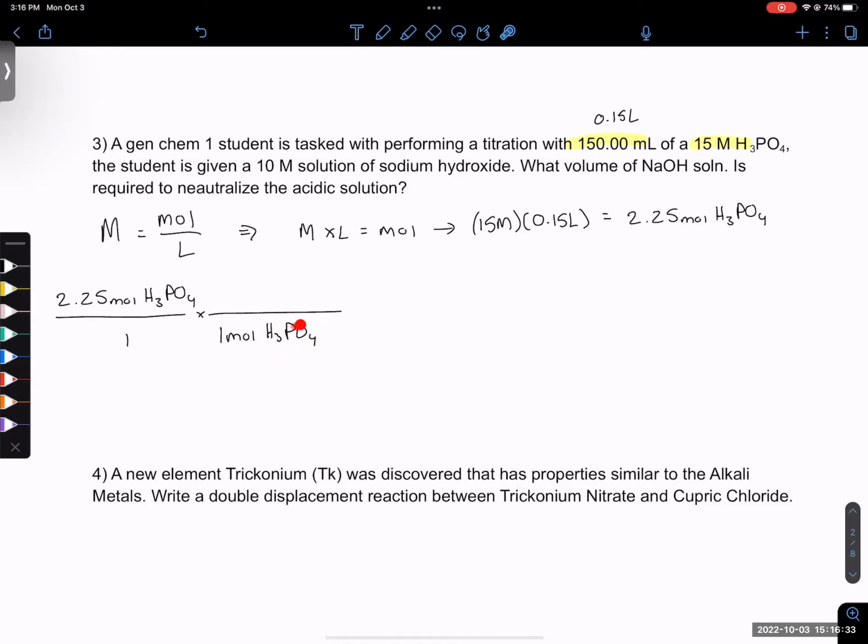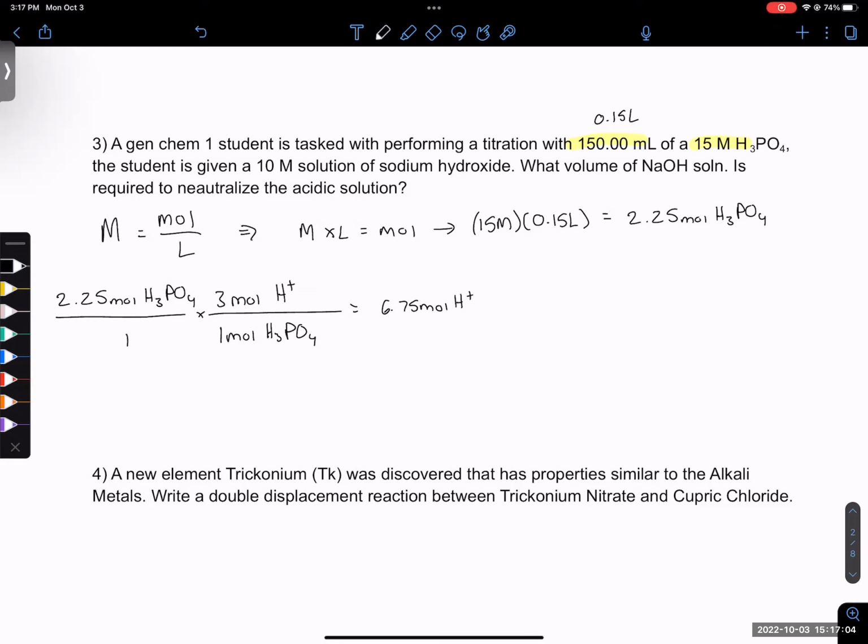Because if we look at this formula, there are 3 H's for each phosphoric acid, right? Does that make sense? Okay. So there are 3 moles of H plus. That'll tell us how many moles of H plus there are, and that's what we need to know to figure out the rest of the problem. So times 3 gives us 6.75 moles of H plus.